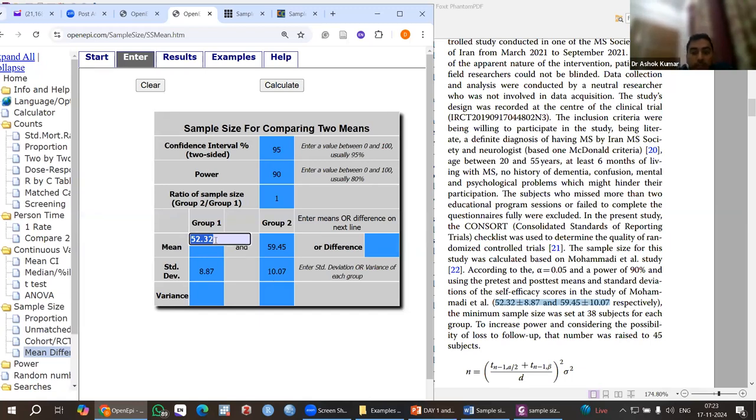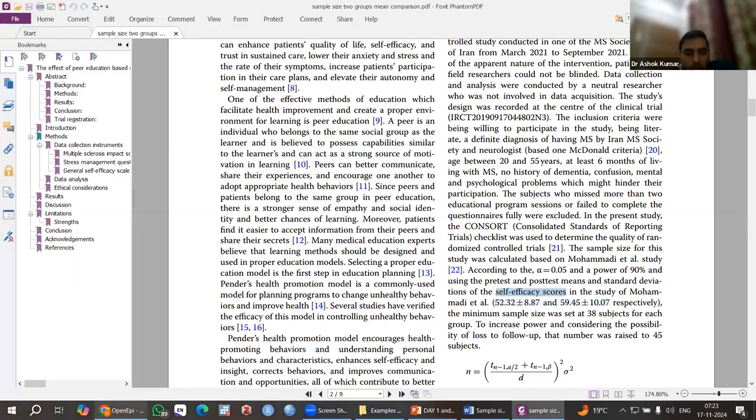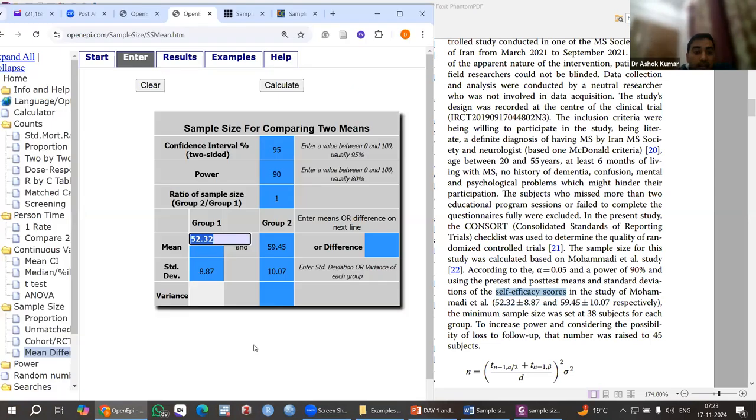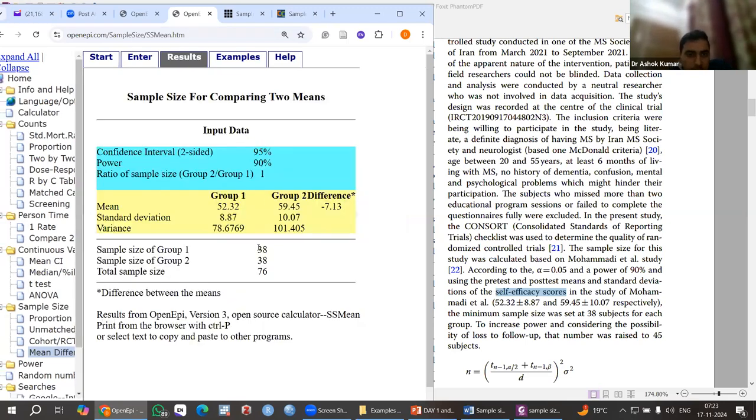So we want the self-efficacy score higher in the experiment group compared to the control group. So I want, for example, a 5 point higher score. So here I can write only the difference of 5, no issue. Then click calculate. This will come 38 in each group.